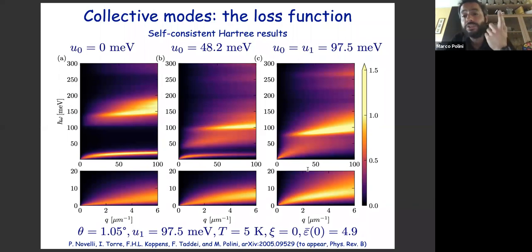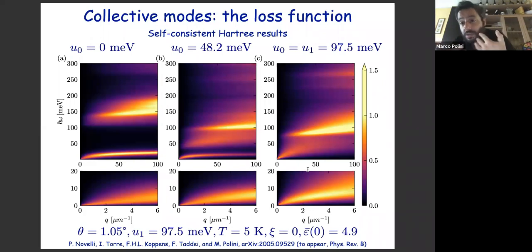In fact, the profound reason why the group velocity of these interband plasmons is much higher than in previous works on optical properties of twisted bilayer graphene is precisely a reduced value of this intra-sublattice tunneling.